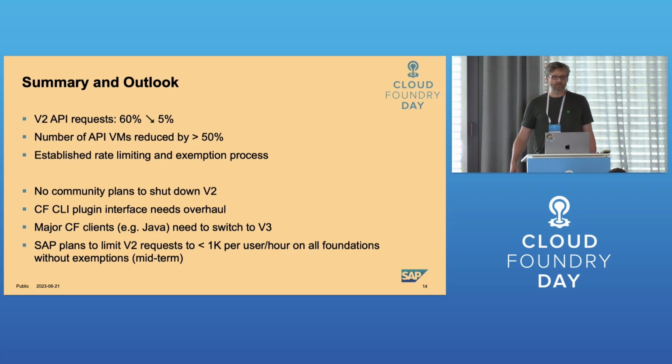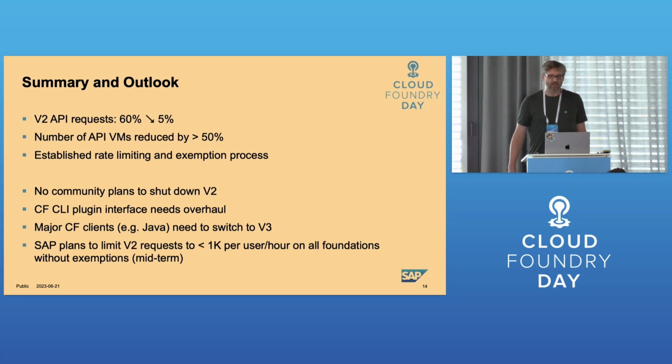Okay, so as an outlook, currently there are no plans to completely shut down v2. There's no end of life date or so. The reasons are that, for example, like Johannes mentioned, the CLI plugin interface still relies on v2.